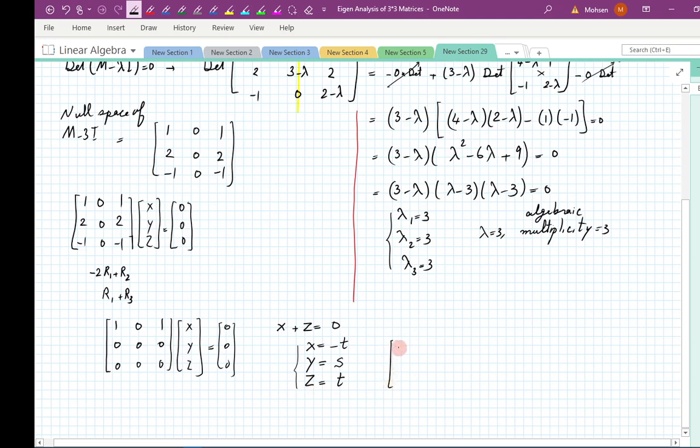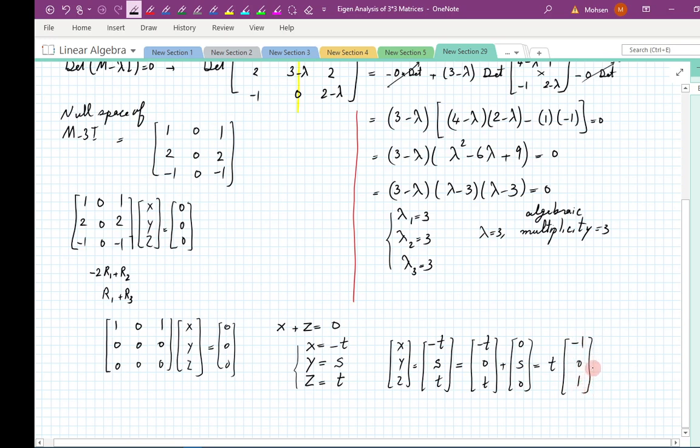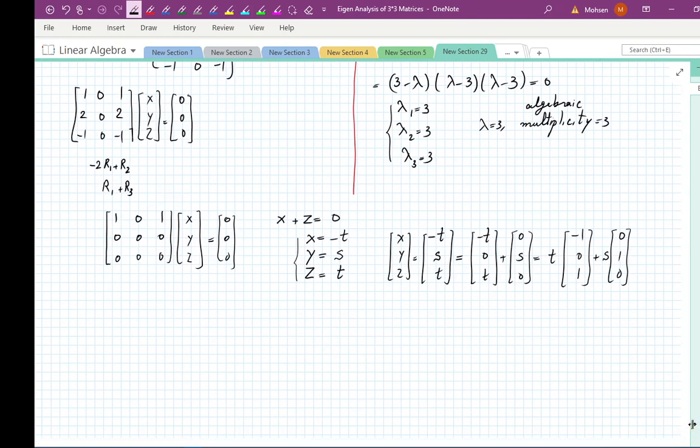So if I write x, y, z as a vector, I have minus t, s, and t. We split this into two pieces: one with t's, the other with s's. And then factor. t I can factor from this one: minus 1, 0, 1. s I can factor from the other one: 0, 1, 0. Now I have these two vectors.